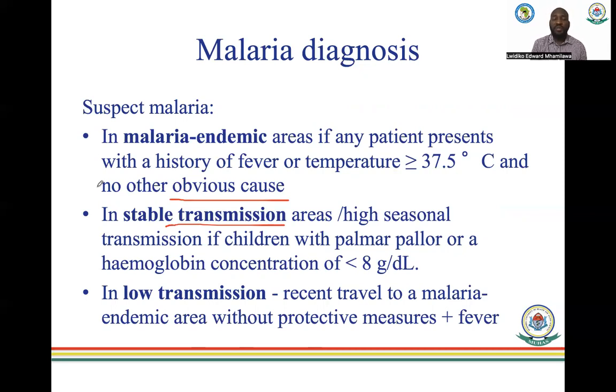And then in a low transmission setting, where malaria is very uncommon, people who have a recent history of traveling to malaria endemic settings without protective measures and have fever, you can have a high index of suspicion of malaria.